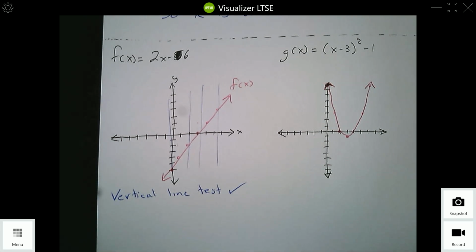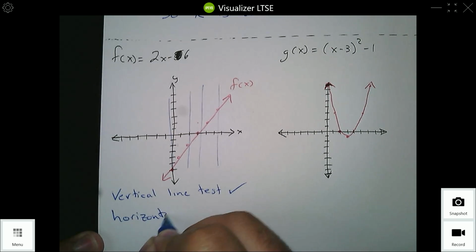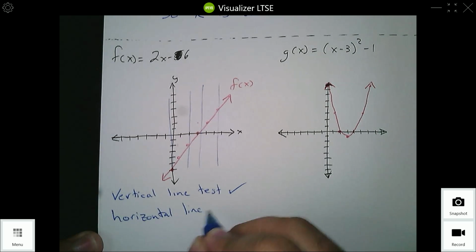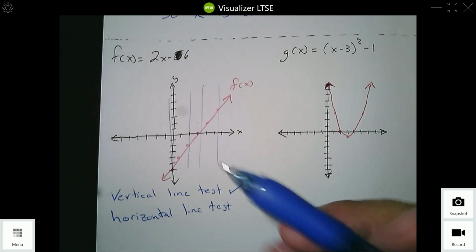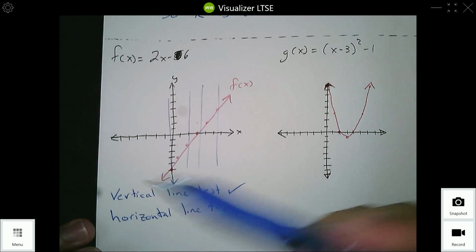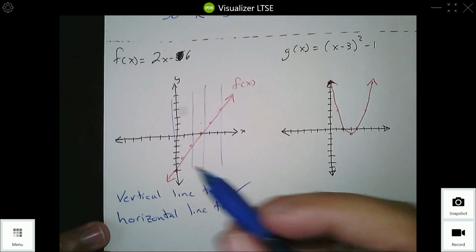So this is a function. Now I want to apply the second test, the horizontal line test, and this one is for the inverse. Typically with the inverse you apply the vertical line test, but we don't know what the inverse is. If we apply the horizontal line test, that does the exact same thing for us.